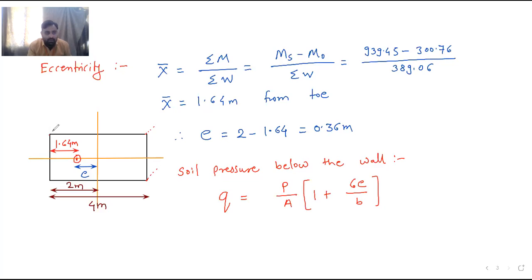This we have considered 1 meter, which is the going back dimension. So this is the, if you use your plus minus, then you will get plus for Q max and minus for Q minimum.